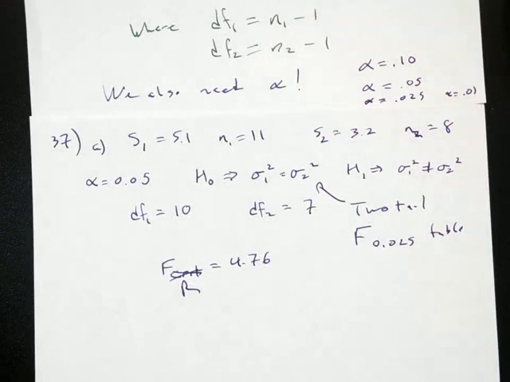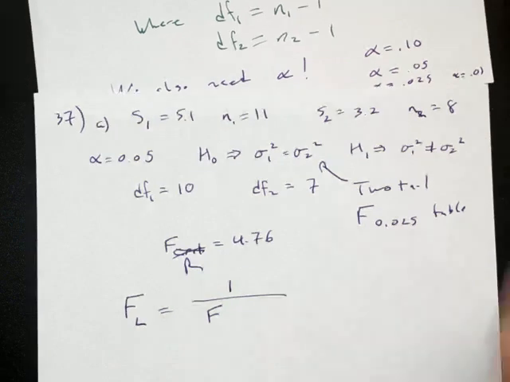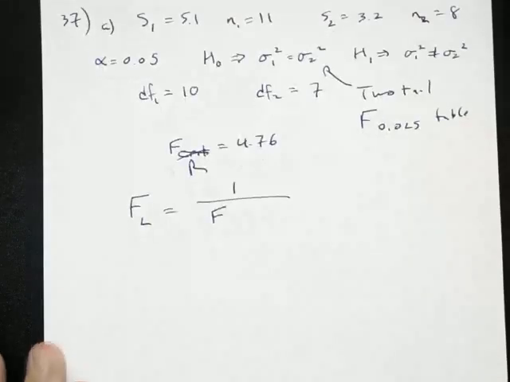Now, because I'm using the table, it turns out that if you want to get the left version, you have to do two different things. I have to do 1 over the value that comes out of the table. But I have to switch the order of the degrees of freedom.